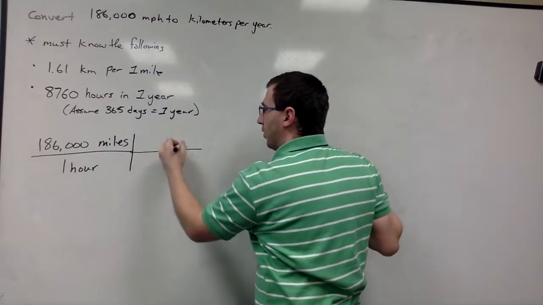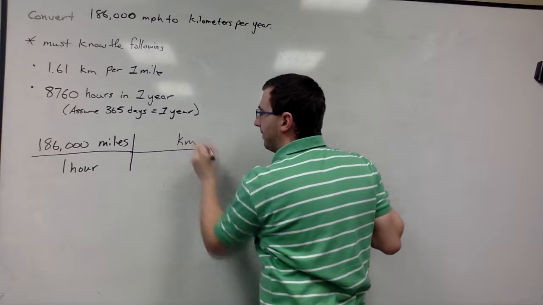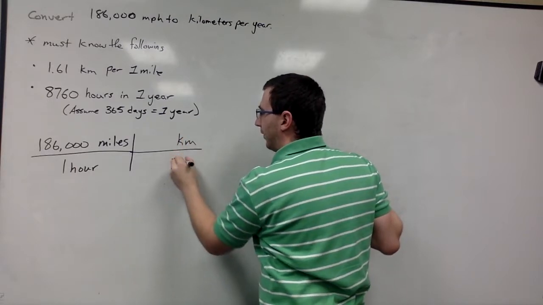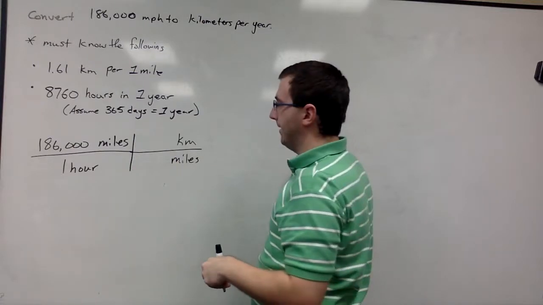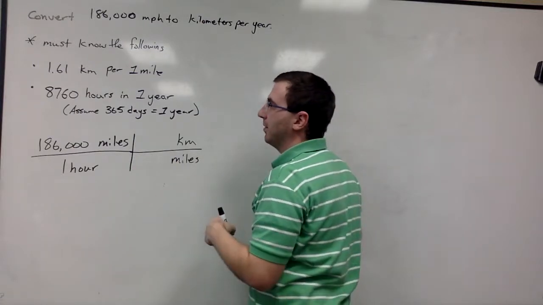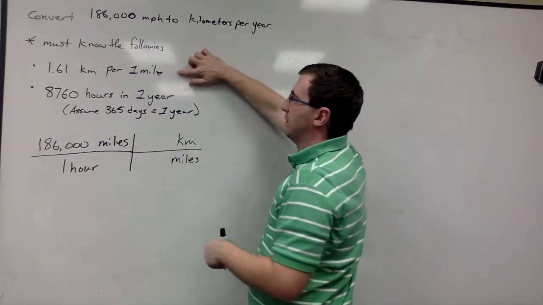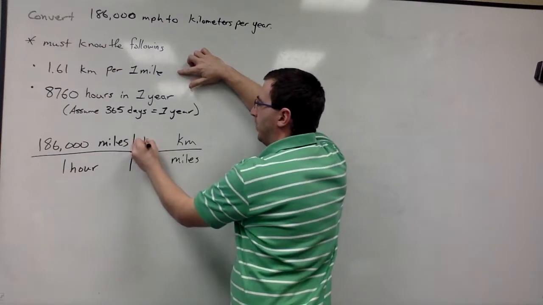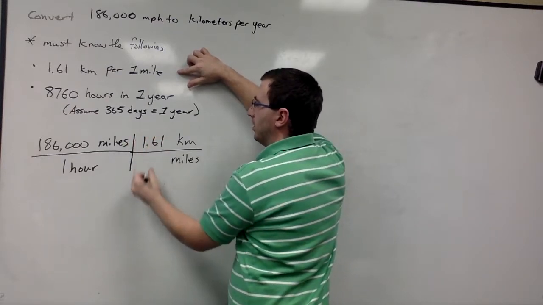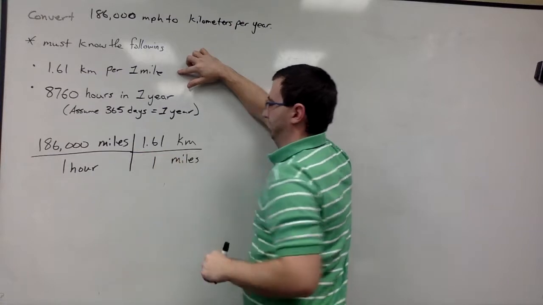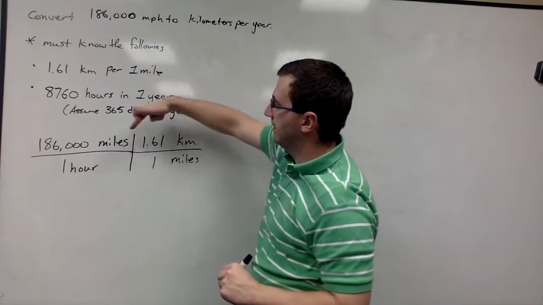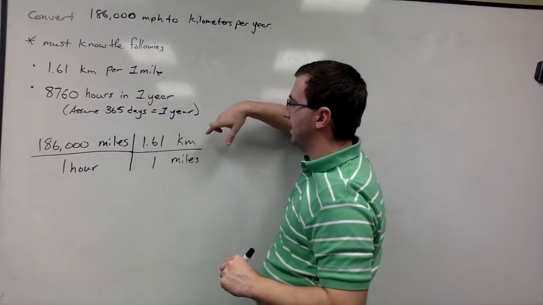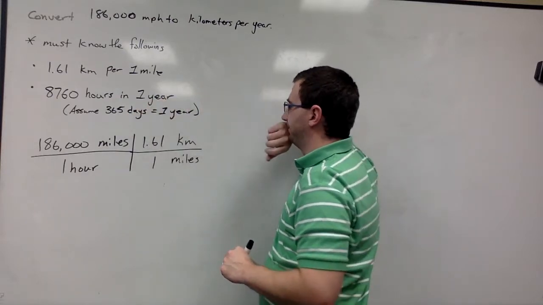In order to have kilometers on top, we put the miles on the bottom and cancel out this unit over here. How many kilometers are there in 1 mile? We know there's 1.61 kilometers for every 1 mile. So now the miles will cancel out, and all we're left with on the top is kilometers, km.